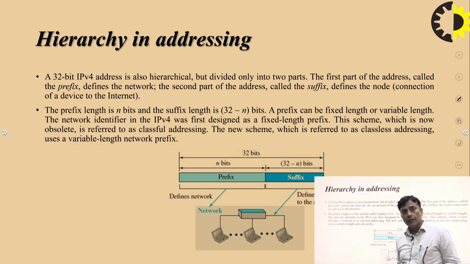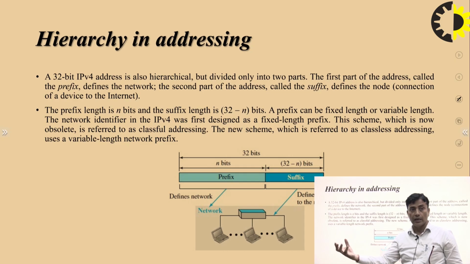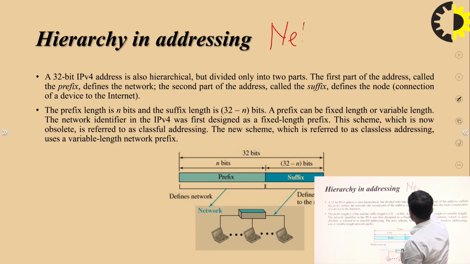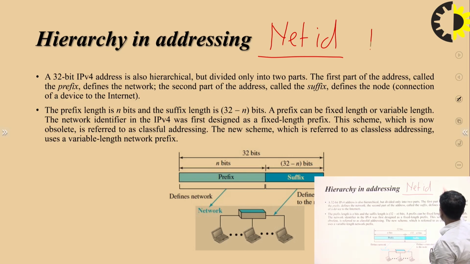And when the network ID decides which network to deliver to, then in that particular network, the host ID decides where it has to be delivered. So there is the net ID, the first field, and the second field is the host ID.